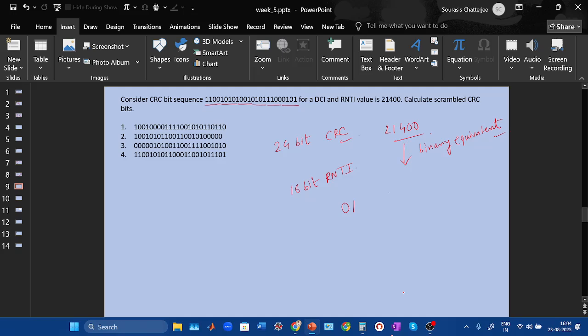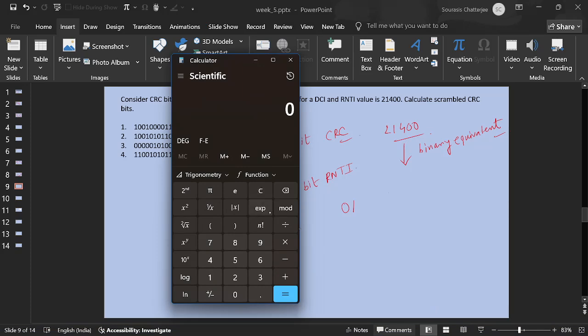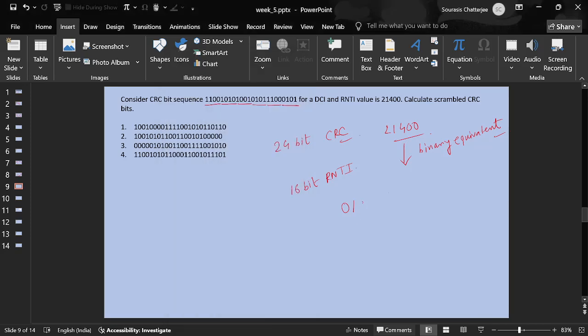The second one is of course going to be 1. Zero here.